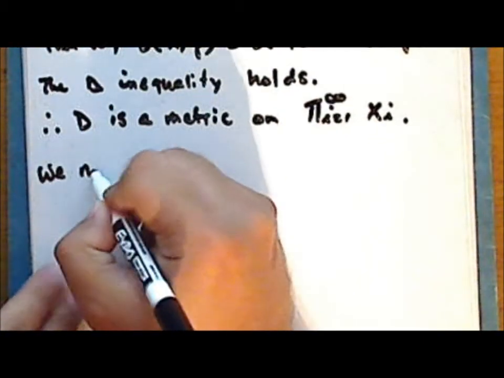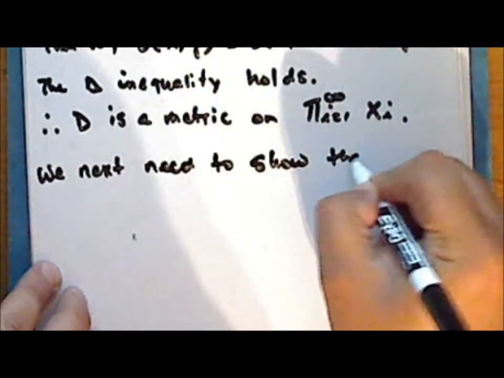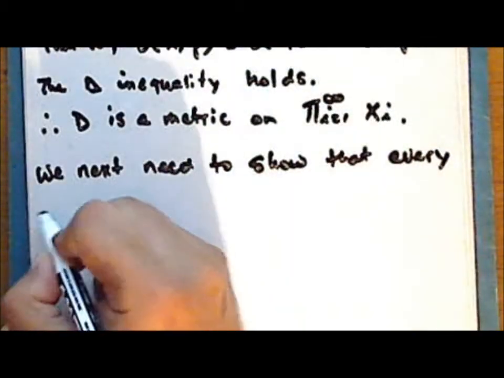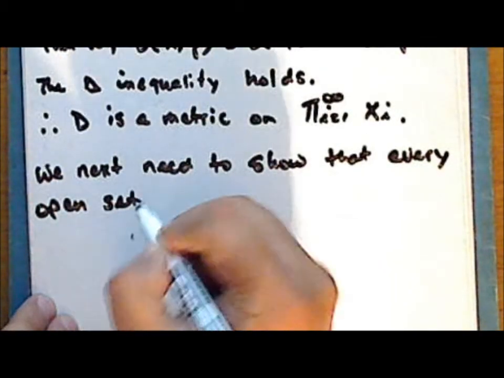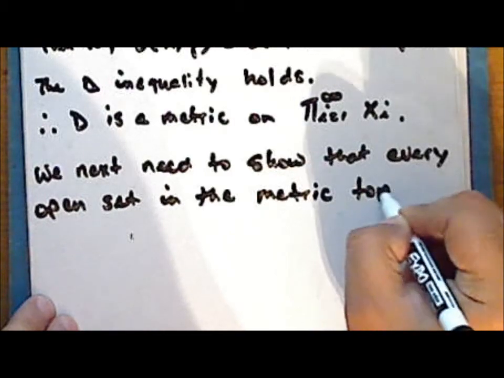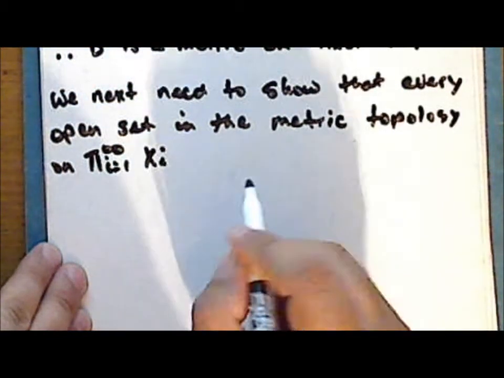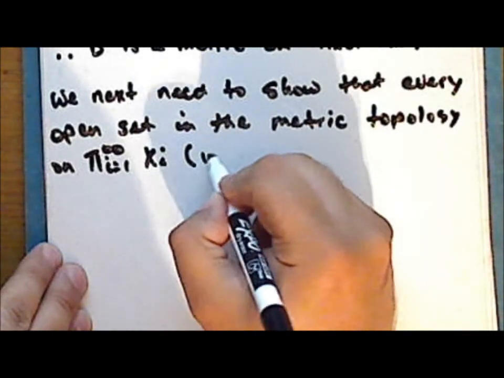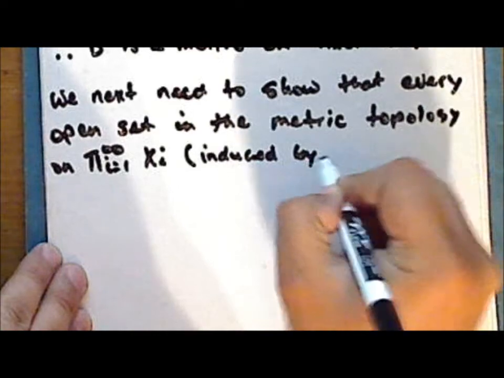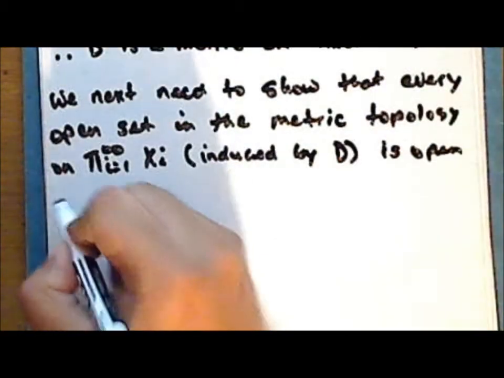All right? So we next need to show that every open set in the metric topology on the countable product space, this being the metric topology induced by the metric big D, is open in the product topology.